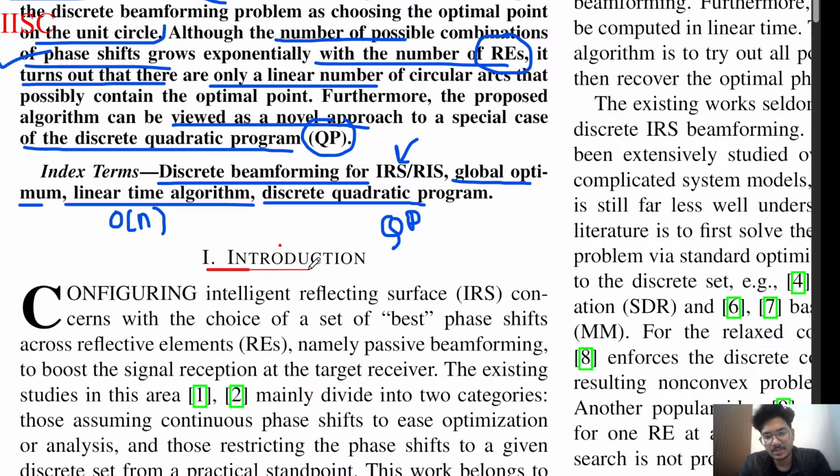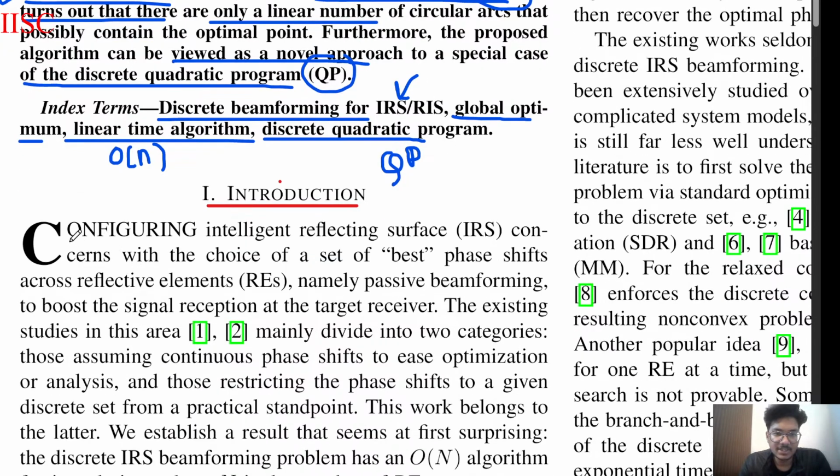So first is the introduction. Reconfiguring the intelligent reflective surface is concerned with the choice of the best phase shift across the reflective elements. There are two types of beamforming, active and passive. The active one automatically adjusts the phase for all the reflective elements, but in passive, we have to decide which is best to boost the signal reception at the target receiver.